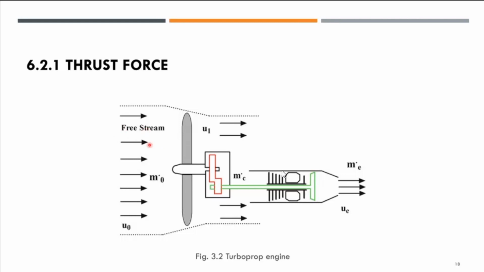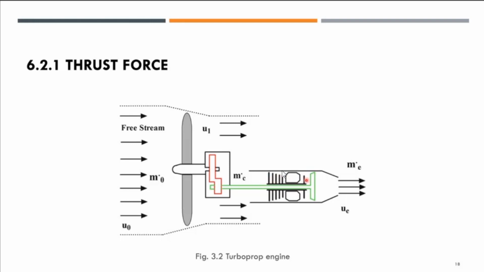So you have a free stream flow of air coming into the propeller section, like a disc over there. Okay, so this is m dot naught, u naught, going into the section of the propeller. The air will then further accelerate. It has a velocity of u1, and then this is the m dot c going into the core of the turboprop engine.